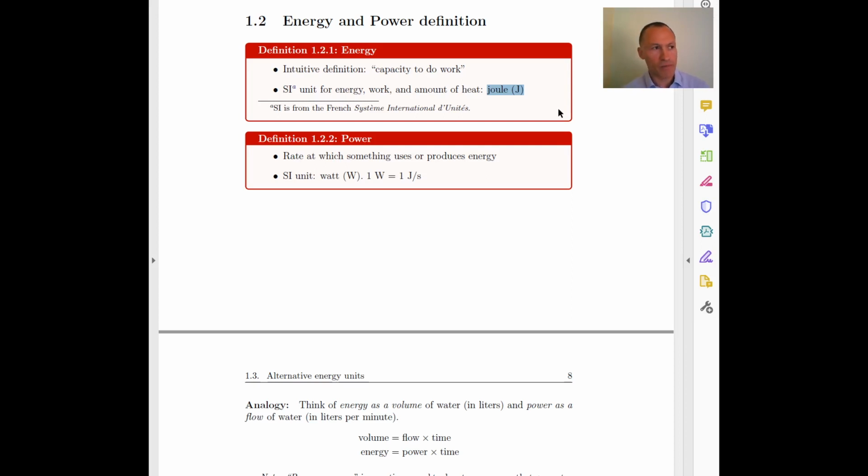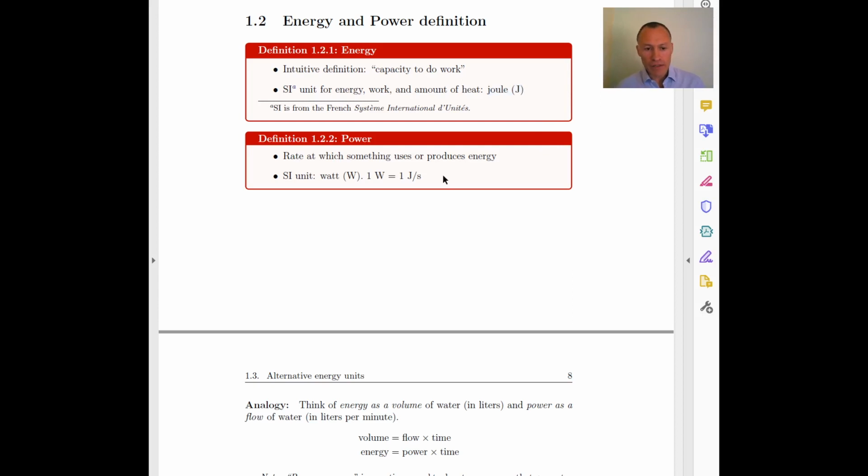So in that example, the energy was the calories I ate at breakfast that gave me the energy to move the monitor. There are many units for energy. In that example, the unit was calories. The main standard unit that we'll use is the joule.